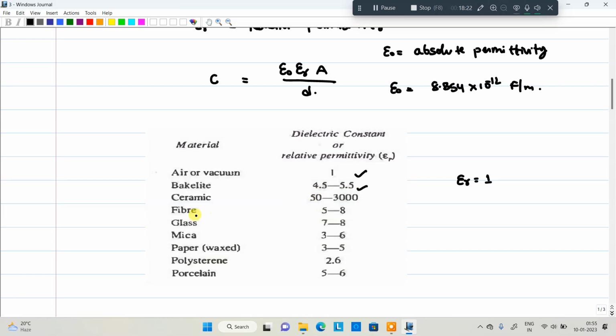Ceramic, 50 to 3000. Fiber, 5 to 8. Glass, 7 to 8. Mica, 3 to 6. Paper, 3 to 5. Polystyrene, 2.6. Porcelain, 5 to 6. These are the values you need to remember.